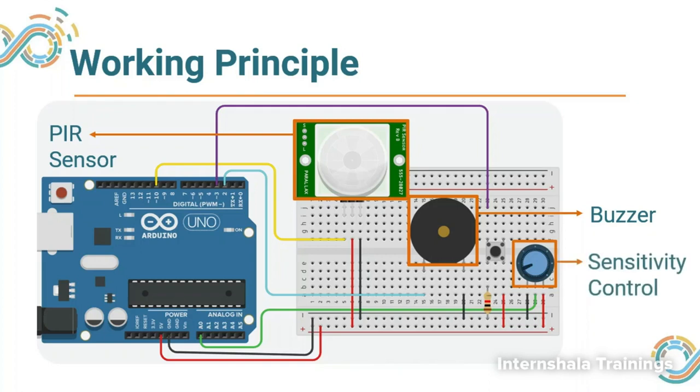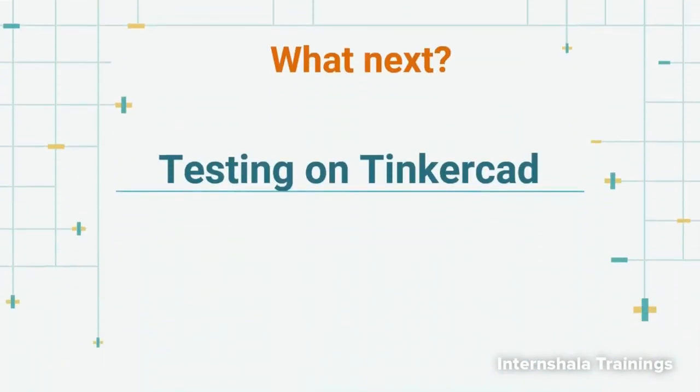Here we have the potentiometer which is going to control the sensitivity of PIR sensor. How do we do that? We will see when we discuss the code. And we have a switch to reset the alarm. So now we are going to test this circuit on Tinkercad and see how does it work in the simulation.